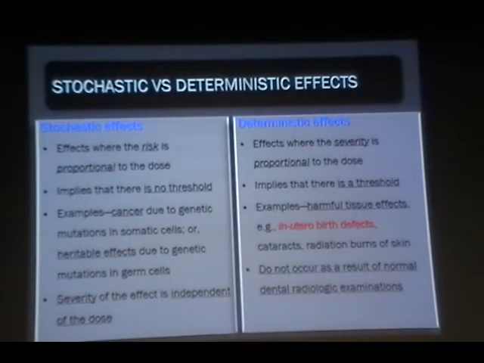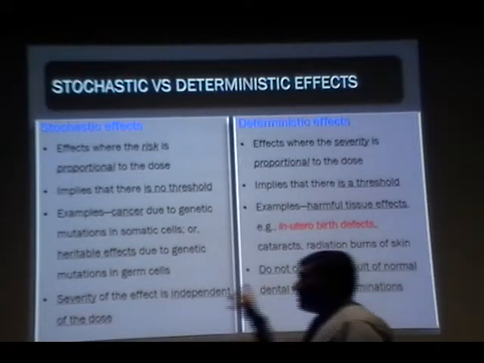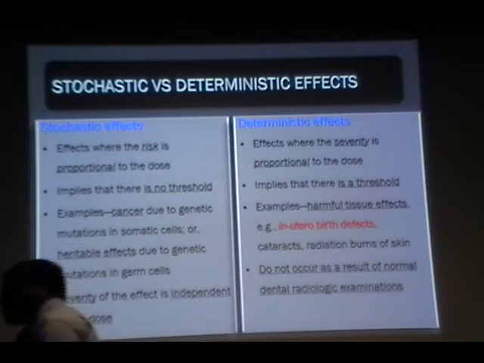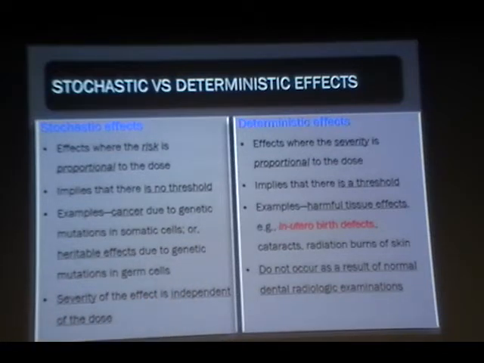Anybody got a chance to look at the Gray, Sievert, REM, Becquerel units? Nobody, okay, wonderful. Please look. What do I mean by stochastic effects or deterministic effects? There are two types of effects when radiation hits the body. How do you determine what effects it is going to cause?